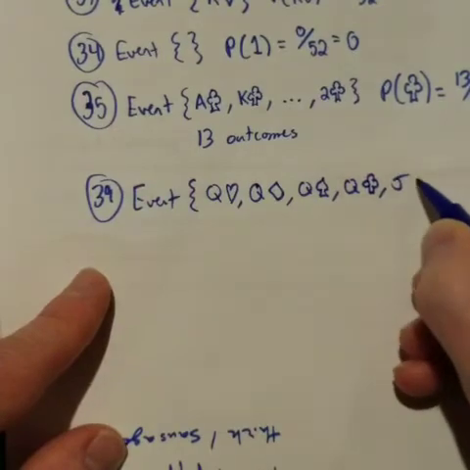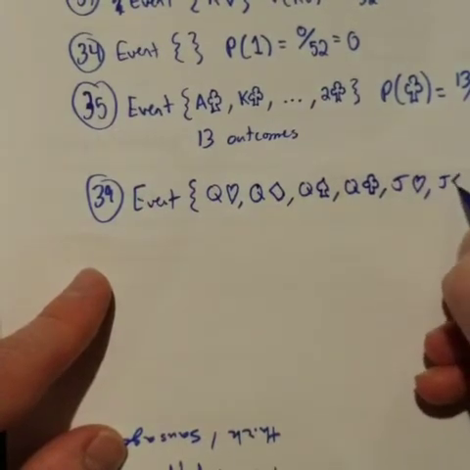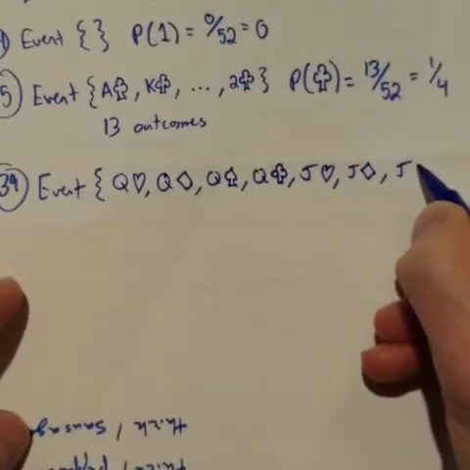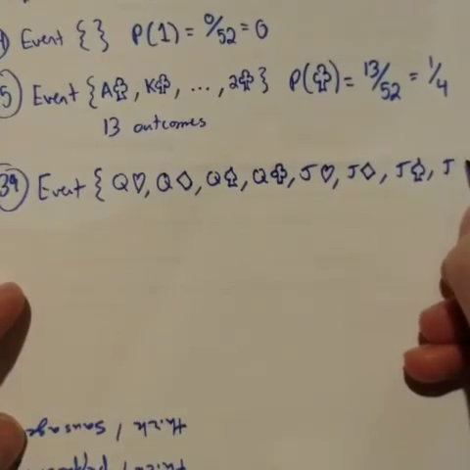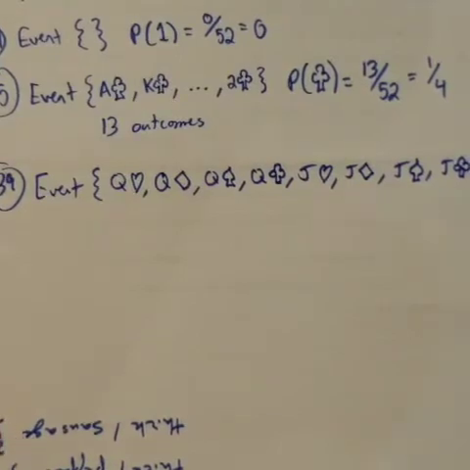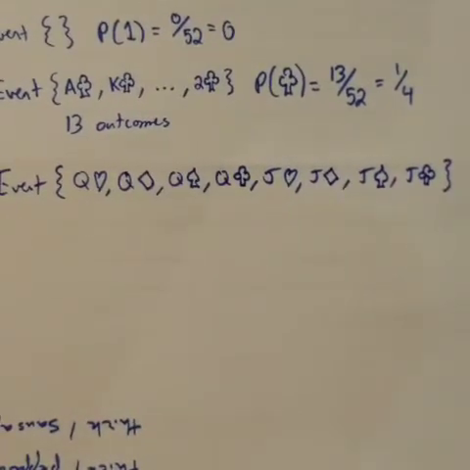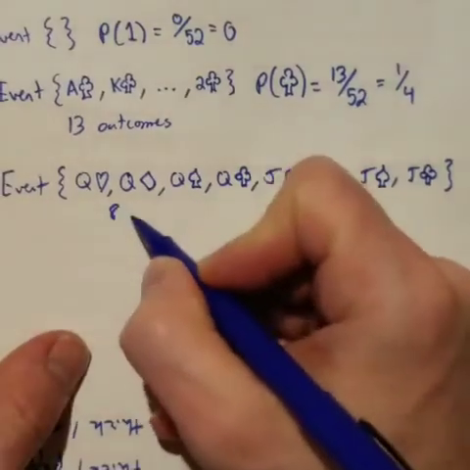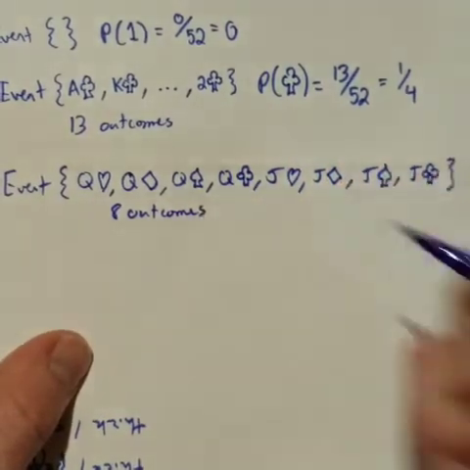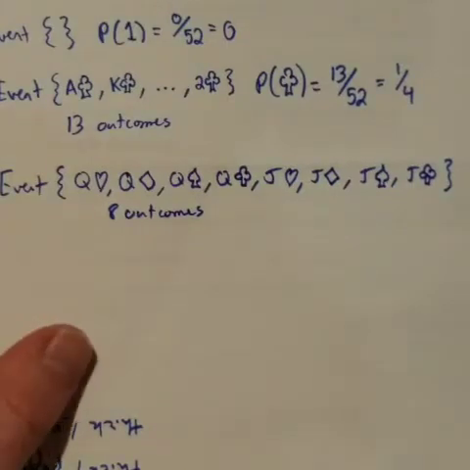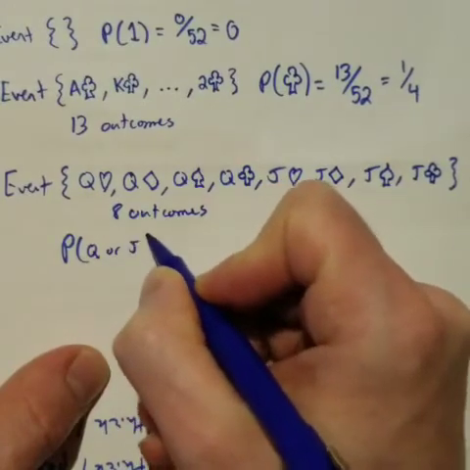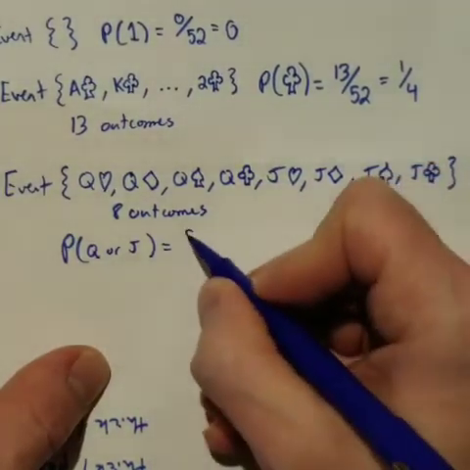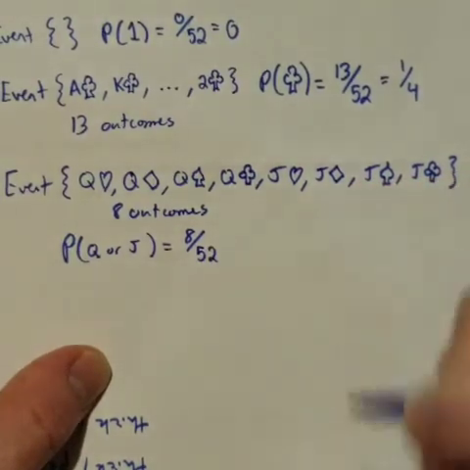Or you could have the jack of hearts, jack of diamonds, jack of spades, or the jack of clubs. And so it turns out there are 8 different outcomes in that event. So the probability of a queen or jack would be 8 out of 52.